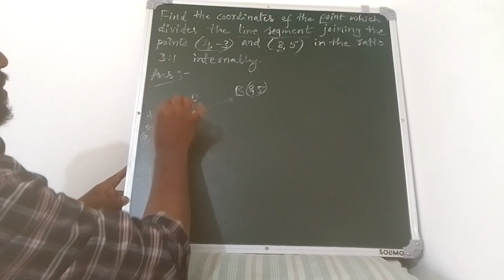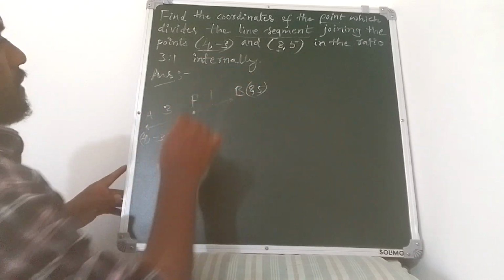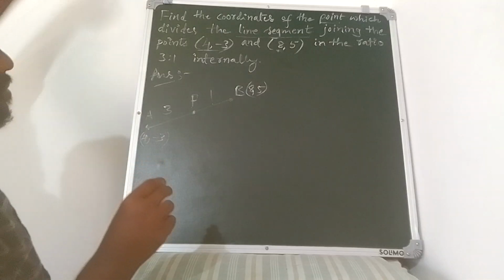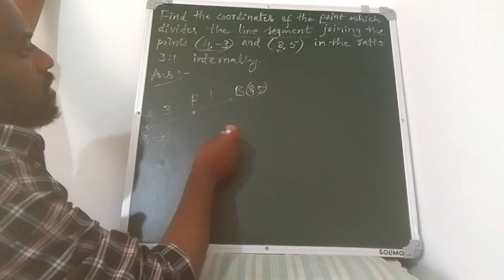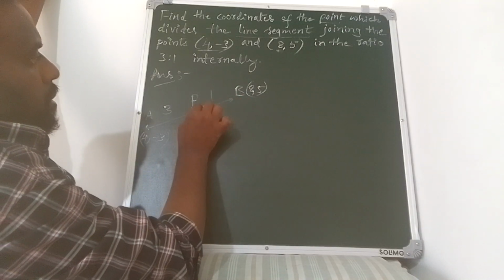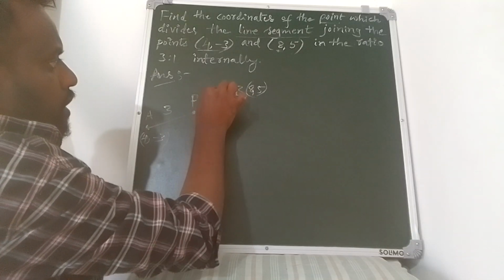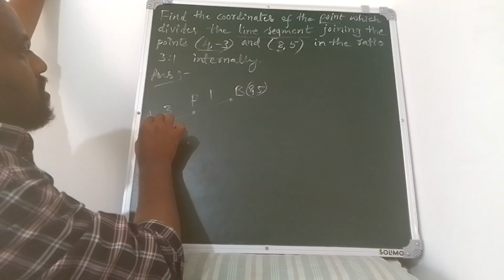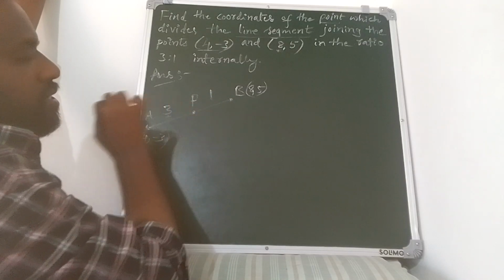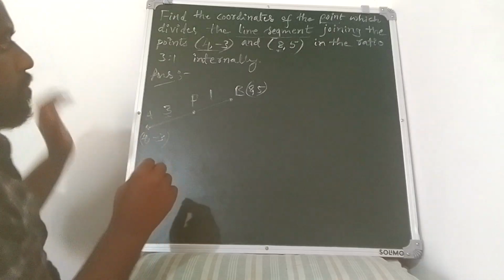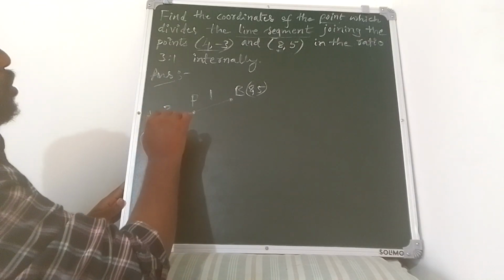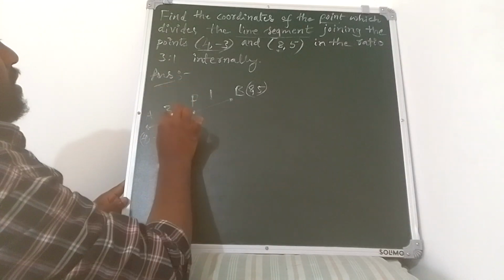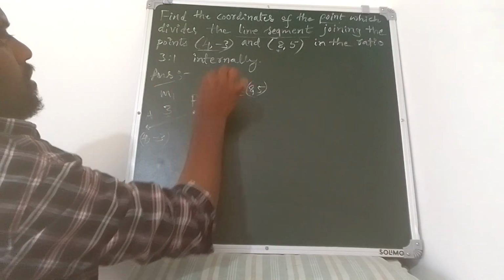What is the meaning of 3 is to 1? If the distance of P from this point is 1 unit, then 3 times that is this distance, so that is 3 units. Here the ratio is particularly 3 is to 1, but in general we will take this as m1 and this as m2.